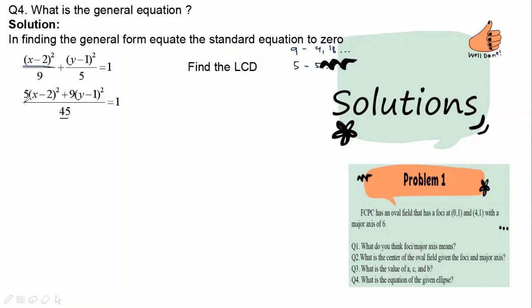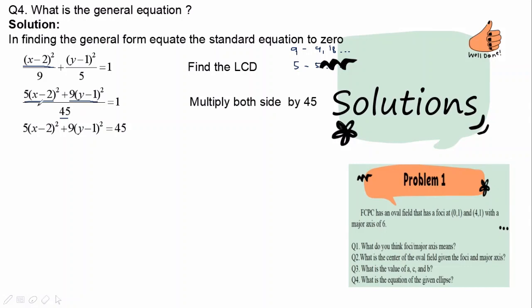So that's 5 times (x minus 2) squared. Now, next is 45 divided by 5. We have 9 times (y minus 1) squared. Okay, so copy the operation, addition, then equals 1. Next, we need to multiply 45 to both sides for us to remove the denominator.